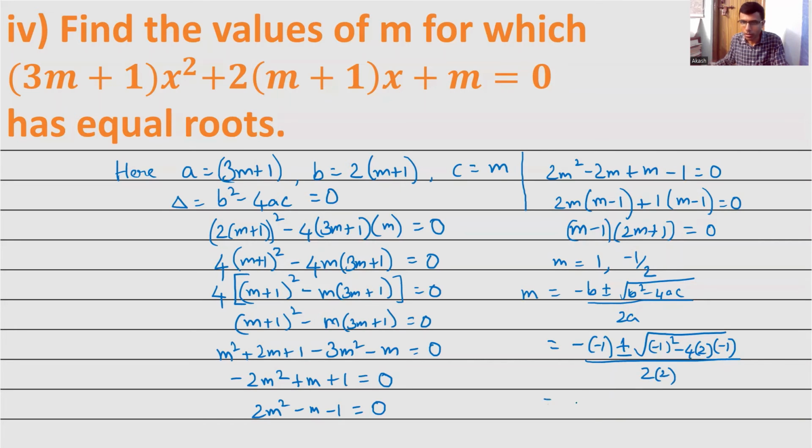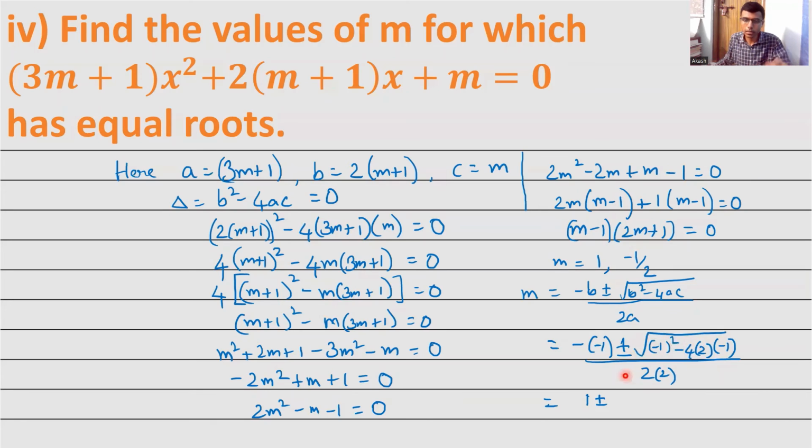So this would be nothing but minus of minus 1 would be plus 1. So I'd get 1 plus or minus, let's do the calculation here itself. Minus 1 whole square is 1. 1 minus 4 into 2 is 8, 8 into minus 1 is minus 8. So 1 minus of minus 8 would be nothing but 1 plus 8, and hence I'd get under root 9.